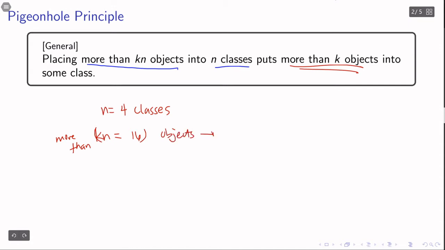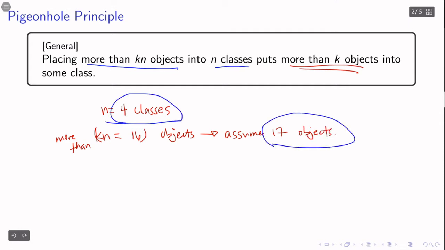Just to make this statement work. So let's assume we have 17. So what happens if we have 4 classes and 17 objects that we want to distribute among the classes?